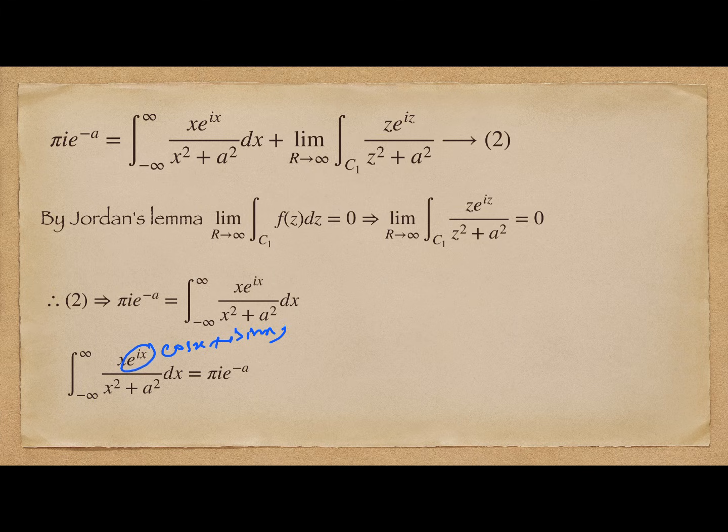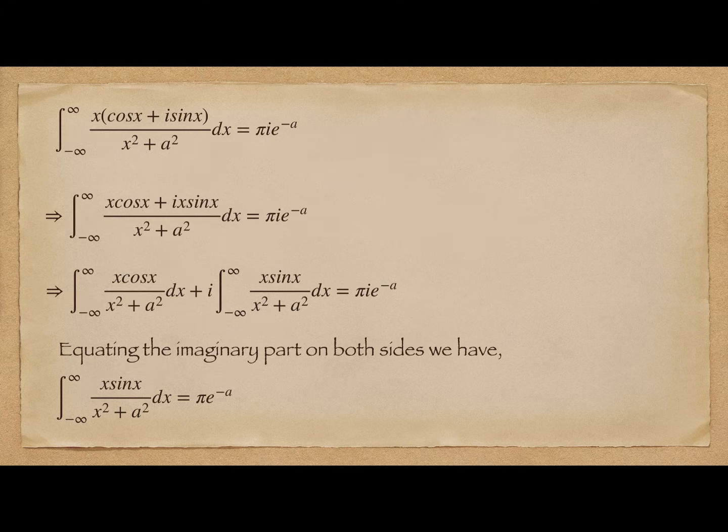So you just multiply that inside. Multiplying this, you have x cos x plus i x sin x. That I have done here, and the remaining terms are all the same.